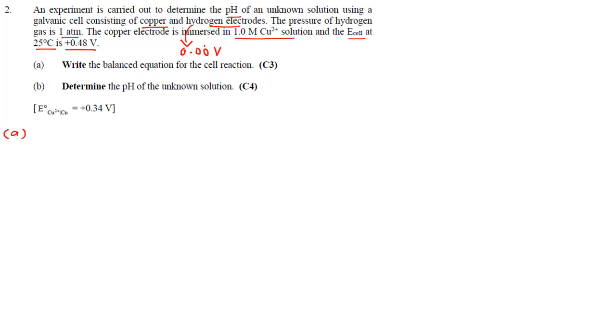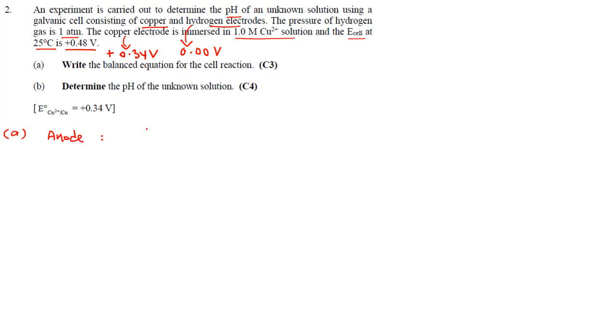And for copper ion and copper electrode, its E naught value is positive 0.34. So you must know our hydrogen is our anode and our copper is our cathode. You must be able to identify that first, then we can proceed.